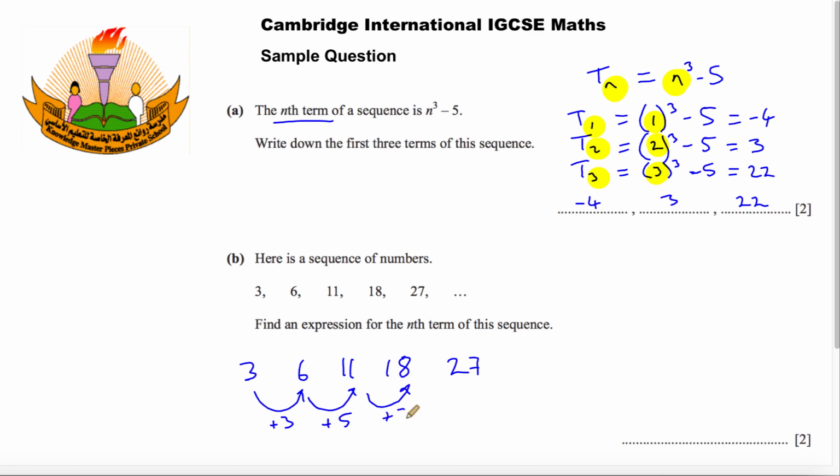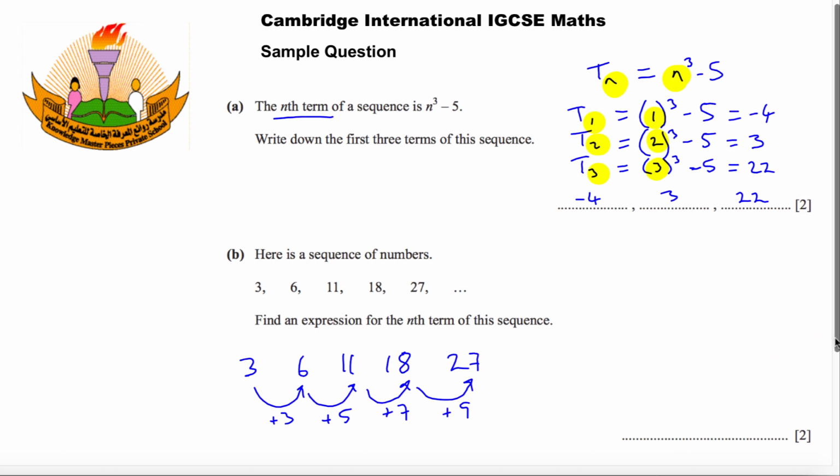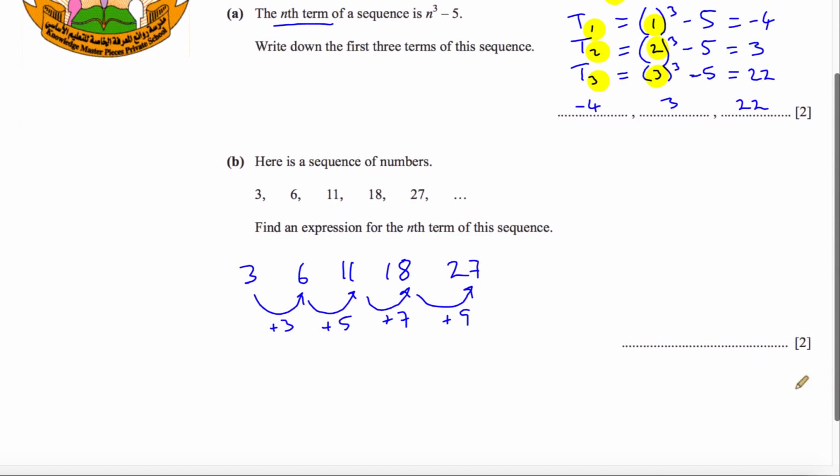Then we're adding 7. And here we're adding 9. So you can see here this difference is changing. It's not common. So maybe there's a second difference that's constant. Because what we want is a constant common difference.